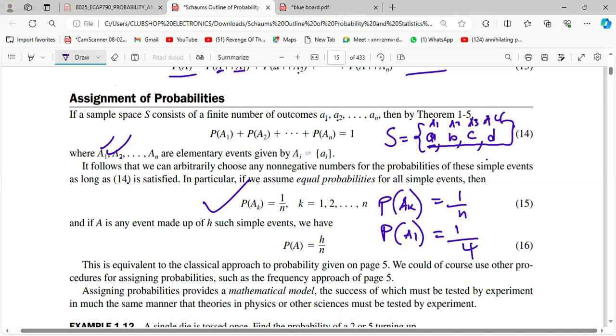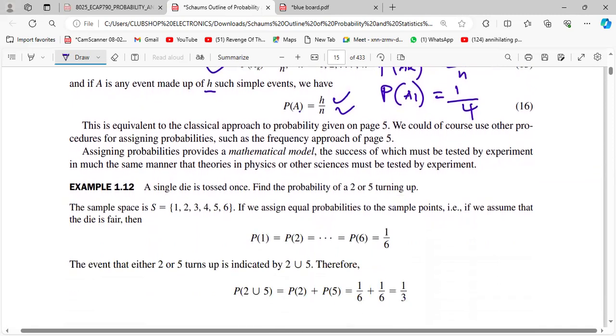So the probability of k is 1 over n, where k is equal to 1, 2, so on up to n. Okay? If A is an event made up of h such simple events, okay, we don't know how many there are, h of them, then the probability of A is h over n.